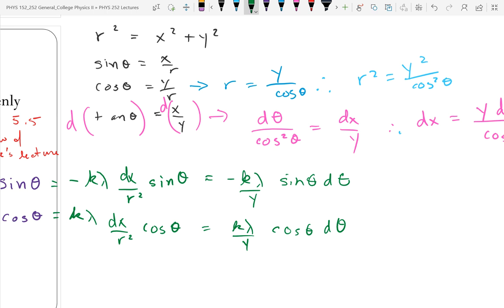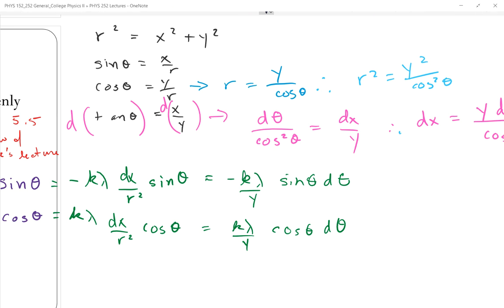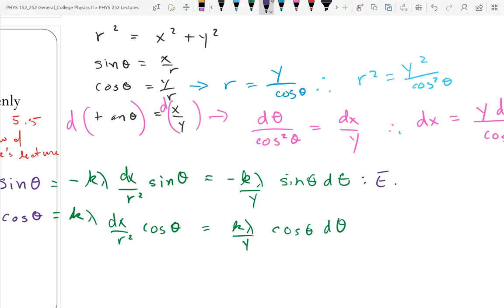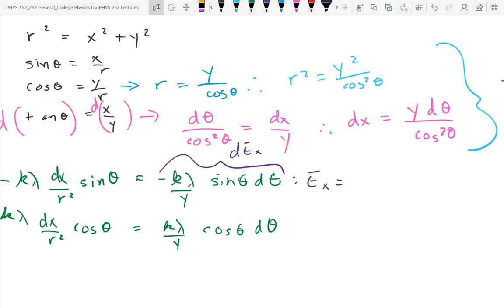If I want to find E in the x direction, what do I do with that? If that's dE, I just integrate. But would the limits have problems? We have to pay attention to our limits. So I'm not putting in the limits right now, but I will in just a moment because it's very important.